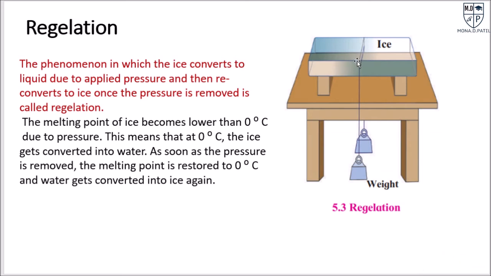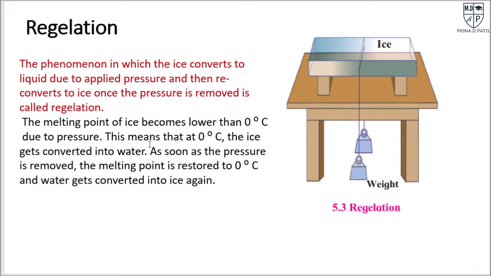So this phenomenon in which ice converts to liquid due to applied pressure is regelation. Here pressure is applied and due to that the thread inserts into the ice, and then it reconverts into ice once the pressure is removed. The melting point of ice becomes lower than 0 degrees Celsius due to pressure.